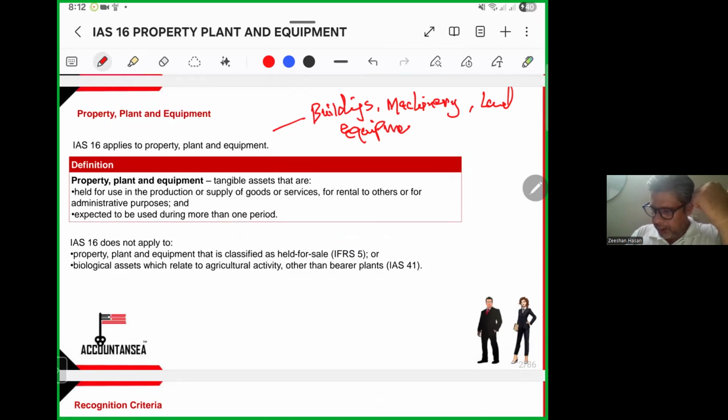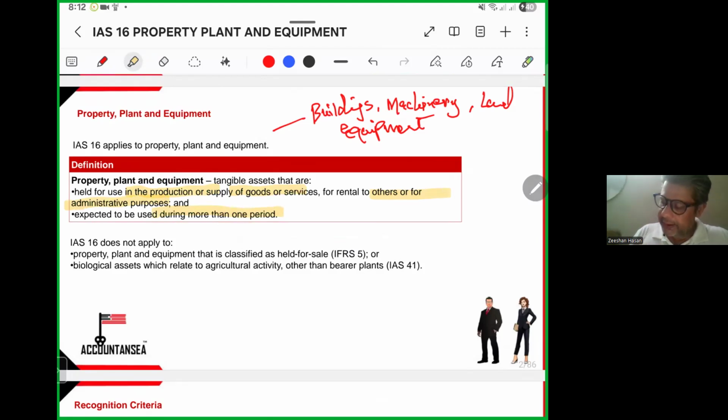Property, plant, and equipment are the tangible assets, which we can see, which we can feel, which we can touch. They are tangible assets that are held for use in the production or supply of goods or services, for rental to others, or for administration purposes, expected to be used during more than one accounting period.